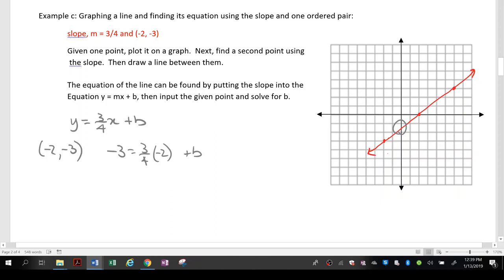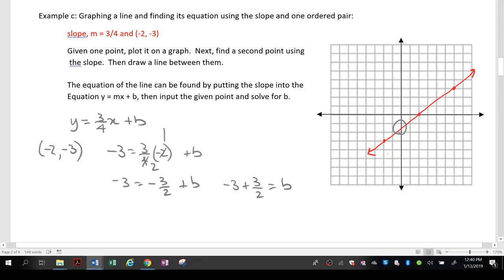So here we can reduce this to 1 over 2, and that gives us -3 is equal to negative, don't forget this is negative here, -3 over 2 plus b. We're going to add this to both sides to give us -3 plus 3 over 2 is equal to b. Now we've isolated b on its own.